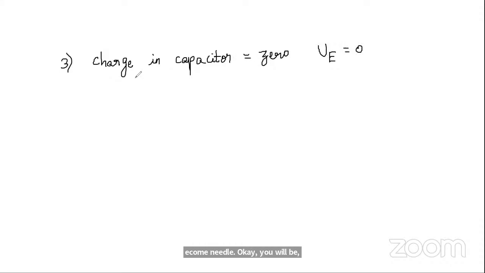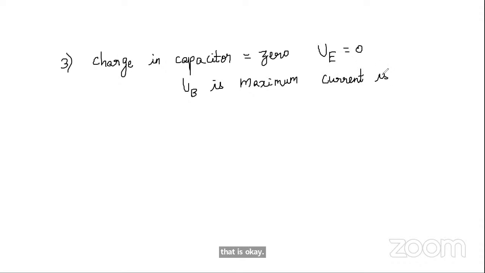And at this point, the magnetic energy is maximum. Your UB, that is energy stored in the form of magnetic field in the inductor, is maximum. So current is also maximum. That will be I naught. The value of maximum current is I naught.